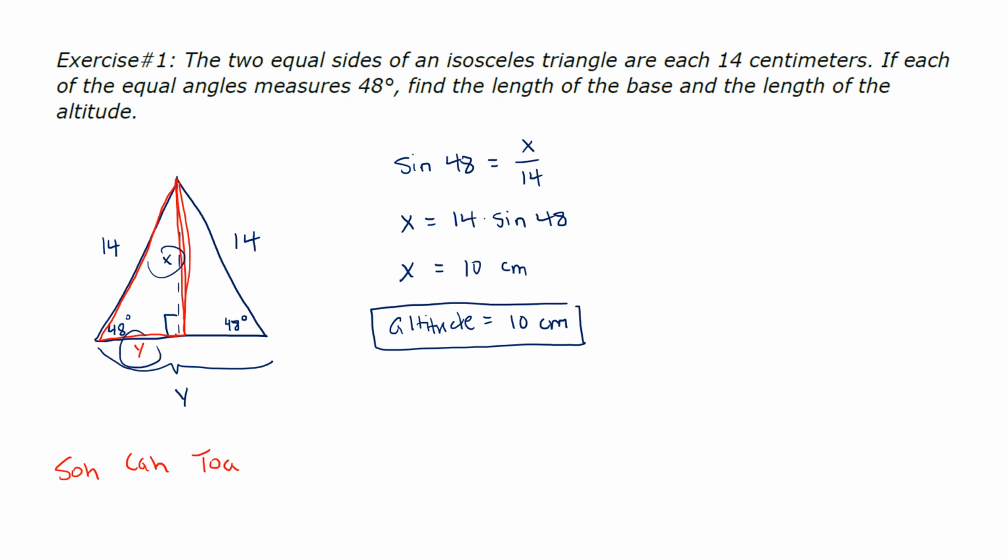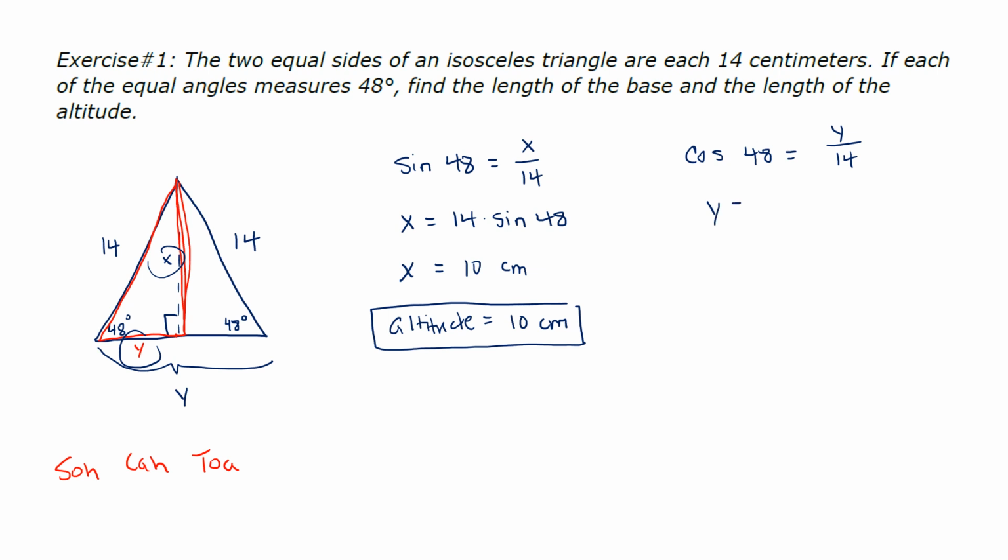So now we can find our y using, again, this triangle to the left. So to find y, we know our angle, we know y is adjacent to that angle, and we know our hypotenuse. So now we would be using cosine of 48 degrees equals y over 14.